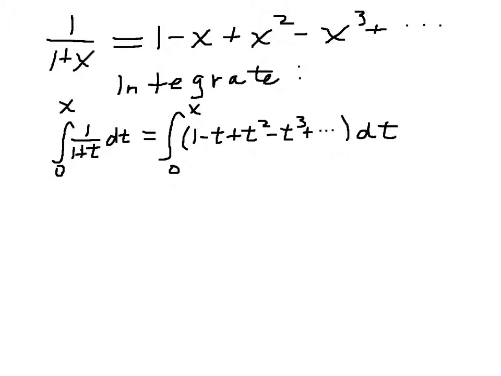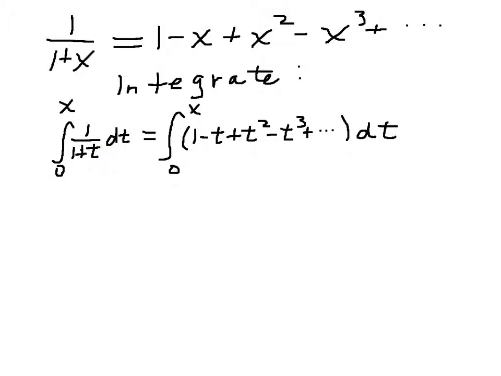So similarly, we can integrate. Let's look at the second one of these functions that we had when we replaced x with minus x. Now we'll integrate from 0 to x on both sides, replacing x with t just as a dummy variable.